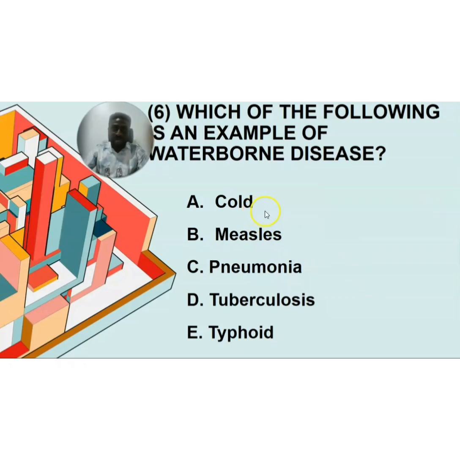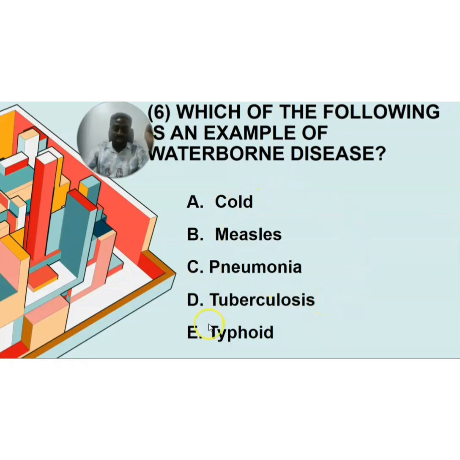So are you there? What option did you go for? If I were you, I wouldn't go for option A. Cold is not waterborne, it's actually airborne. We have measles, that's not the answer. We have pneumonia. Measles is mostly contracted through direct contact with an infected person. Then pneumonia is cold related, that's airborne. Tuberculosis is also airborne.